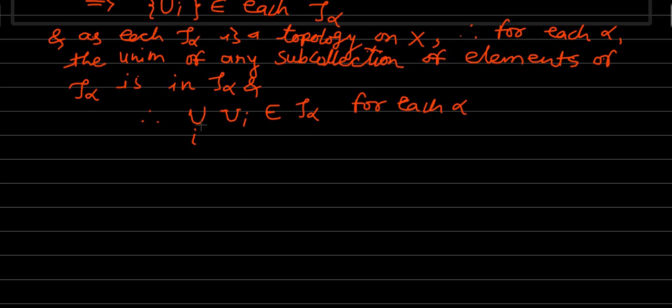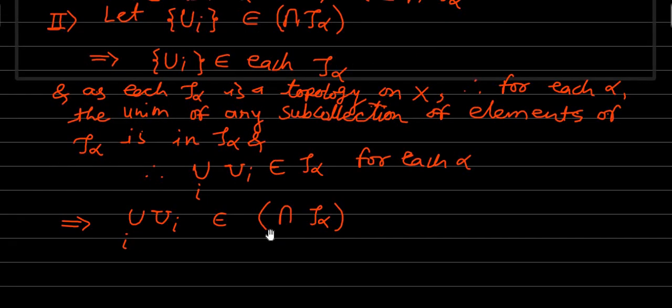And as this union of ui belongs to each τα, this implies that this union over i belongs to the intersection of τα.